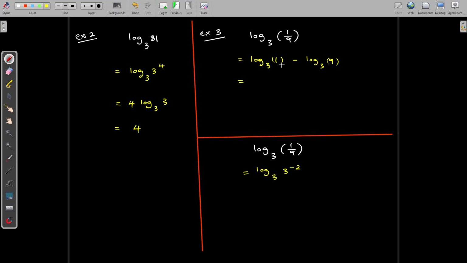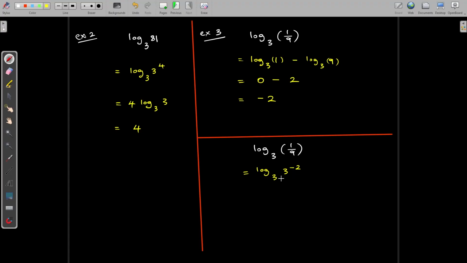Alright, so whenever we take log of 1, what's the answer for that? 0. So it's 0 minus, and over here this is the same thing as 3 squared. Great.